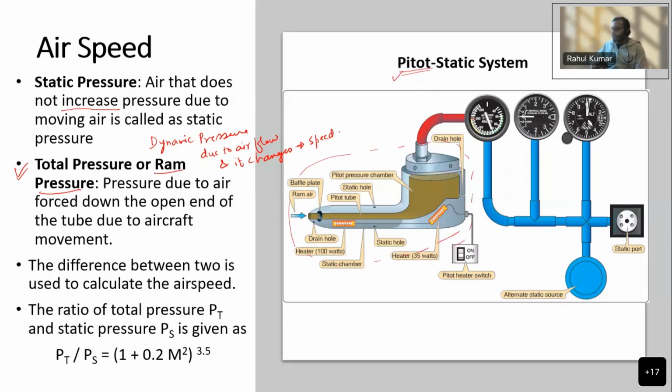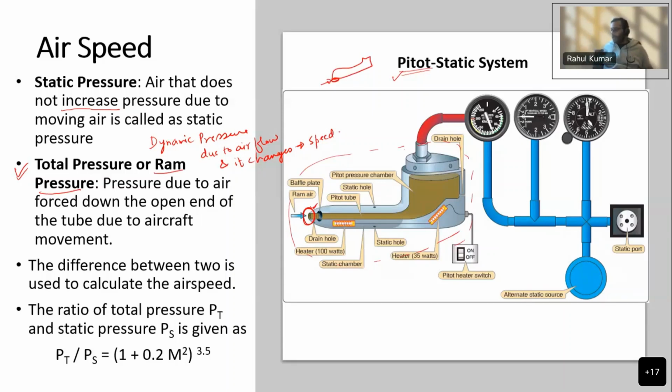The pitot tube has a small opening here. Generally the pitot tube is placed in front of the aircraft. So through this small opening, the air will be forced into the tube. You have the aircraft and generally your pitot tube fixed here. So the air will be forced into your pitot tube.